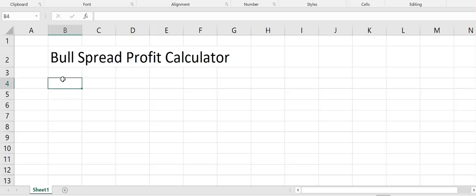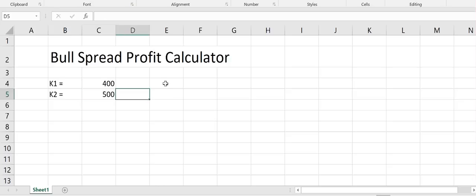For the first call option, let's say the strike price is equal to $400, and then we have another call option with a strike price of, say, $500.